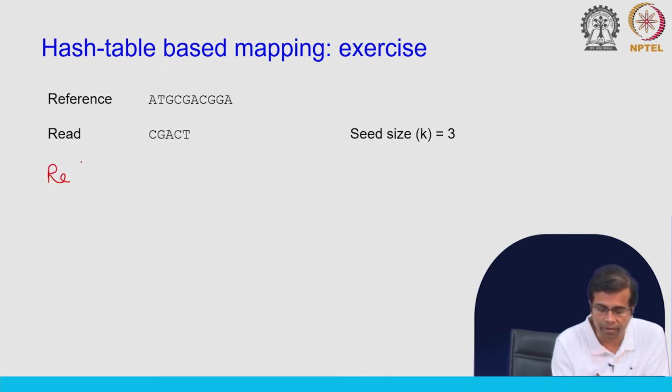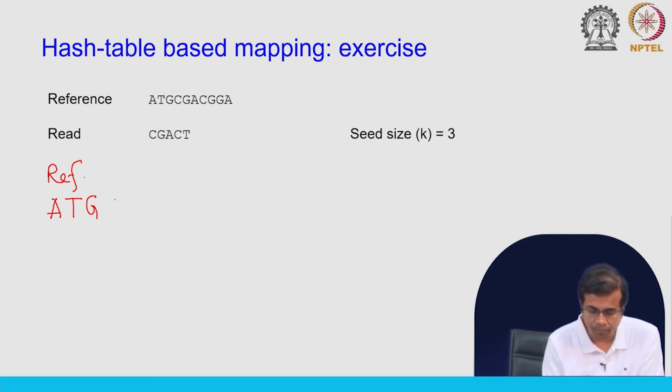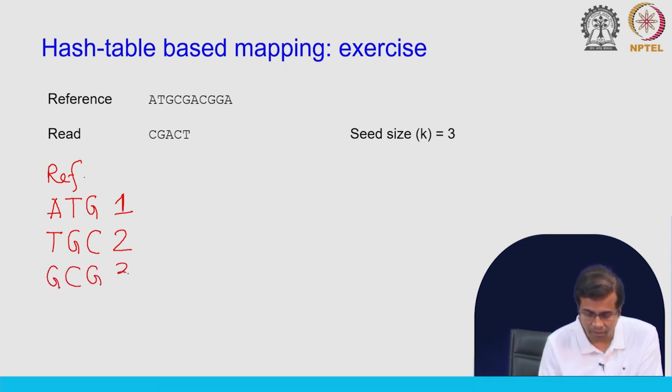So, for reference 1 we have k equals 3. So, what we will do is we will generate this: ATG, its location is 1. We have TGC, location is 2. We have GCG, location 3.